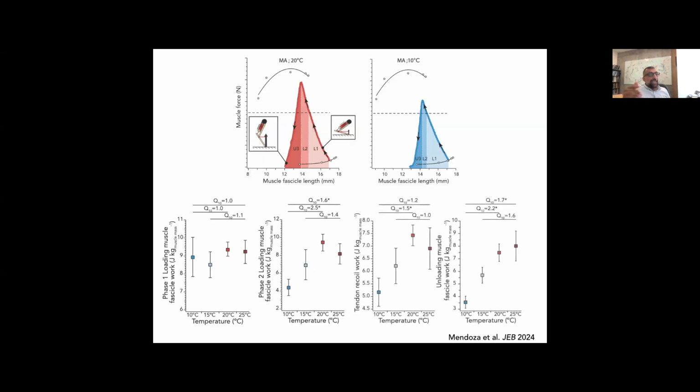But interestingly, the power of the recoil of the tendon and the power of the muscle during unloading is where we see the highest temperature effects. And in fact, there's almost a 50-50 split between the amount of energy that's coming out of the tendon and the amount of additional energy that's being put back into the system by the muscle during the unloading phase of the behavior.